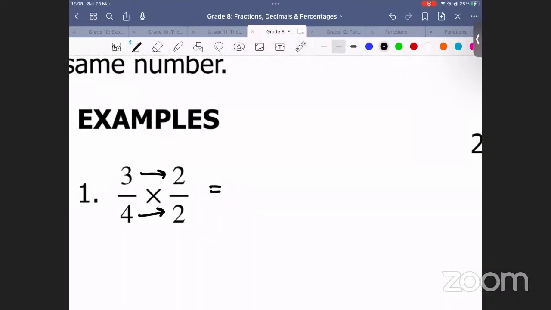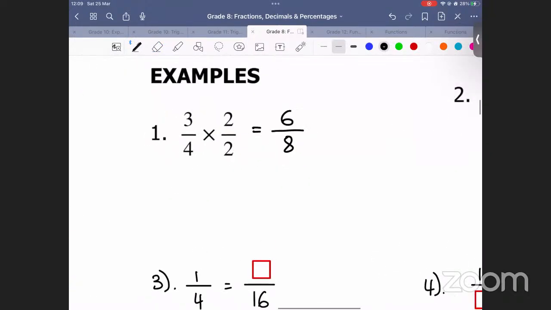So 3 times 2 is 6. And 4 times 2 is 8. So essentially that tells us that 3 over 4 is equal to 6 over 8. So the same ratio is maintained.